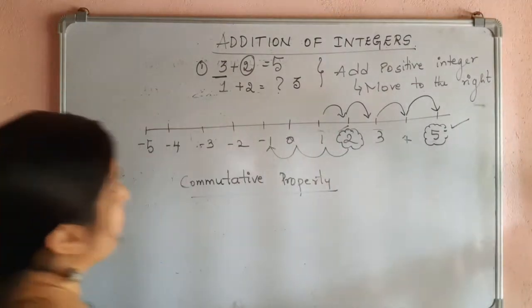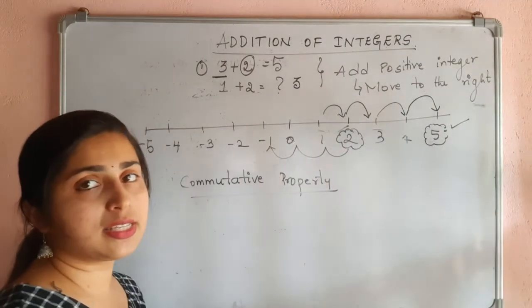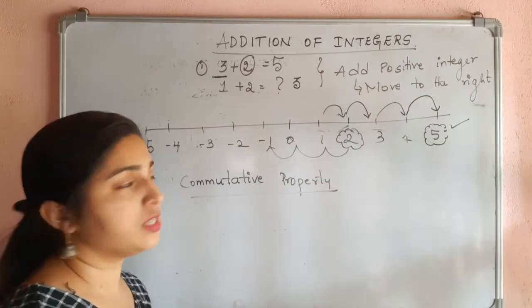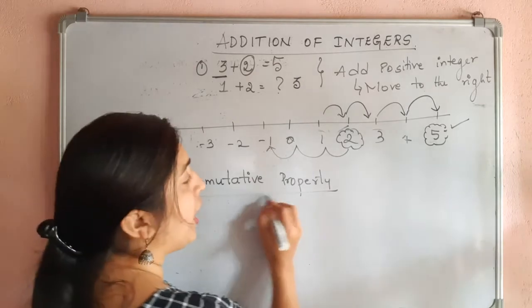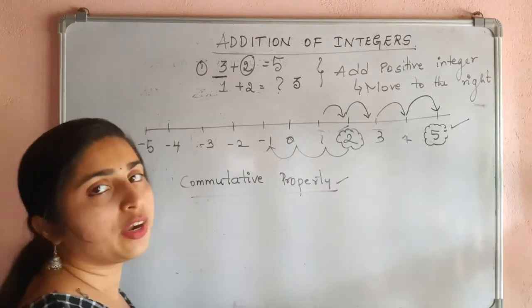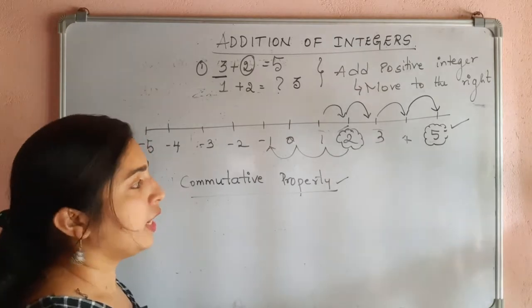Next comes the commutative property. What does this say? You know about the commutative property of whole numbers, right? Similarly, we have the commutative property for integers also. It is satisfied for the addition of integers.